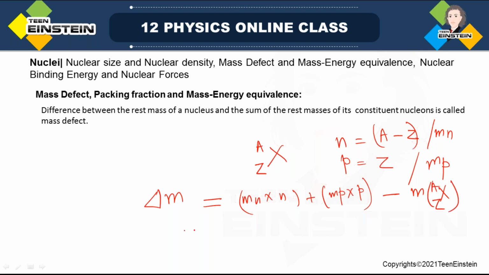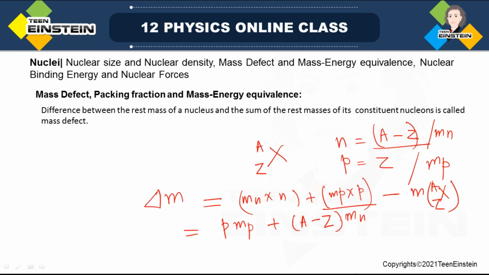If we write like this, n is actually A minus Z, so: Z Mp plus (A minus Z) Mn.